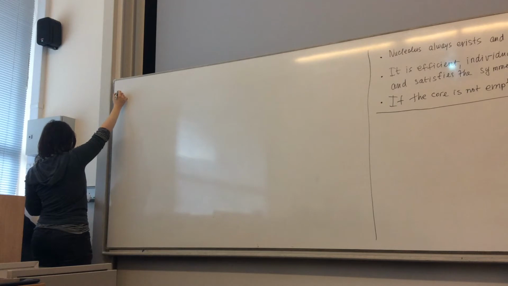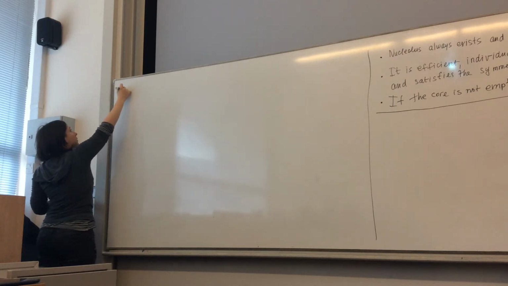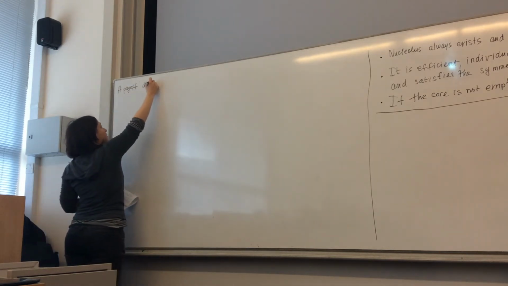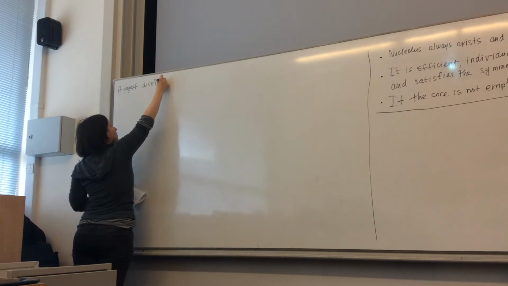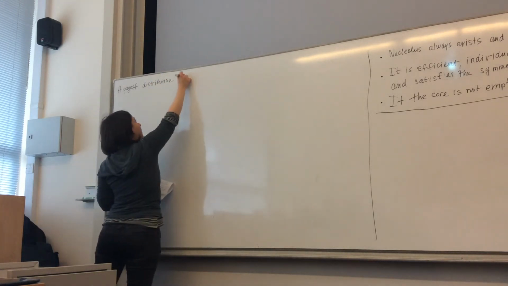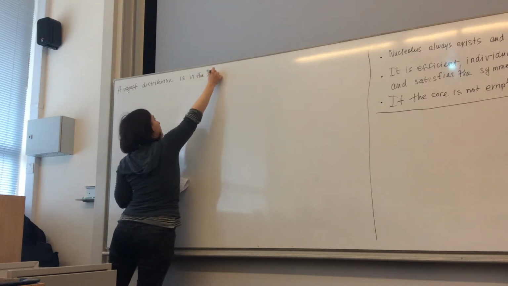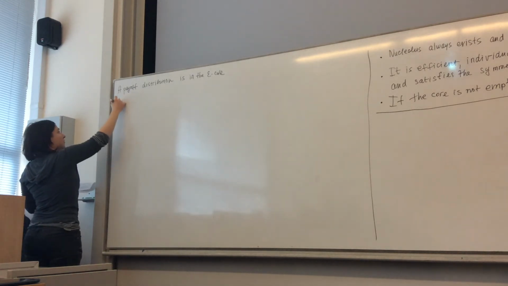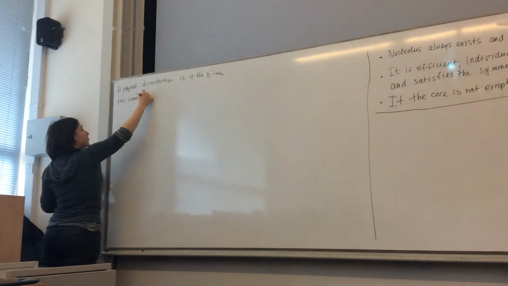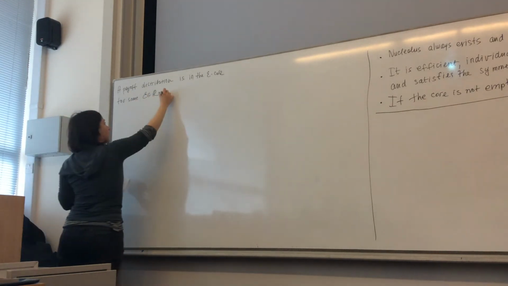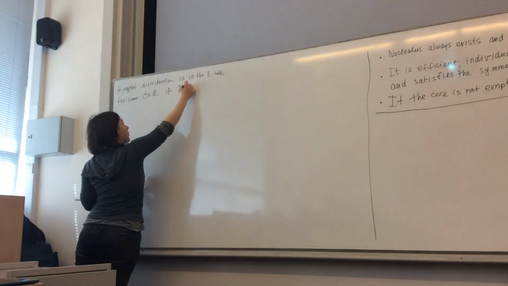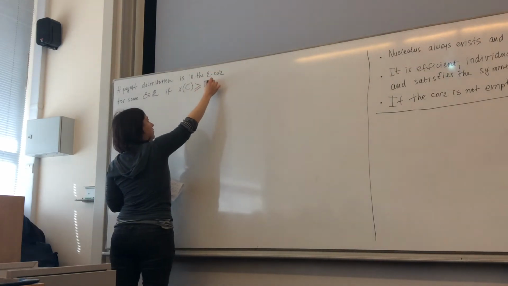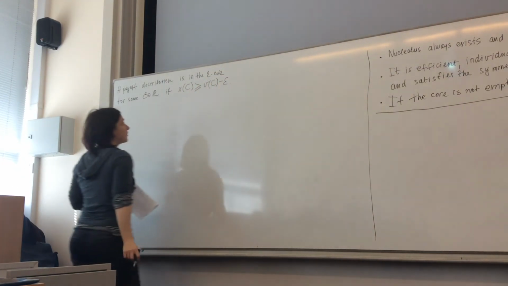So the epsilon core is the set of all the distributions if the total payoff received by each coalition is no less than the value of that coalition minus epsilon.